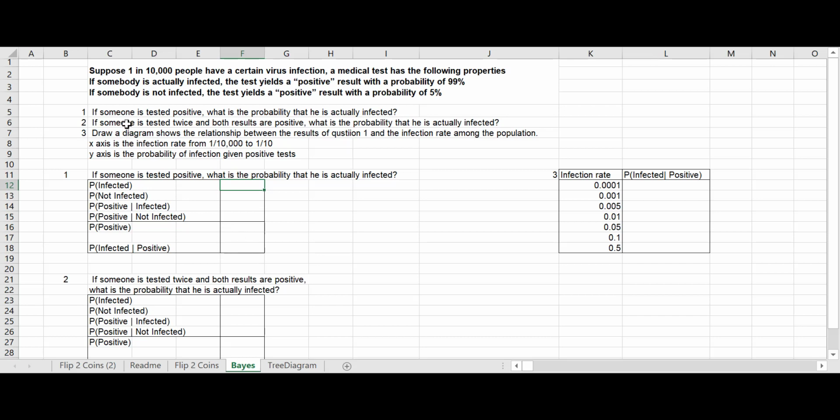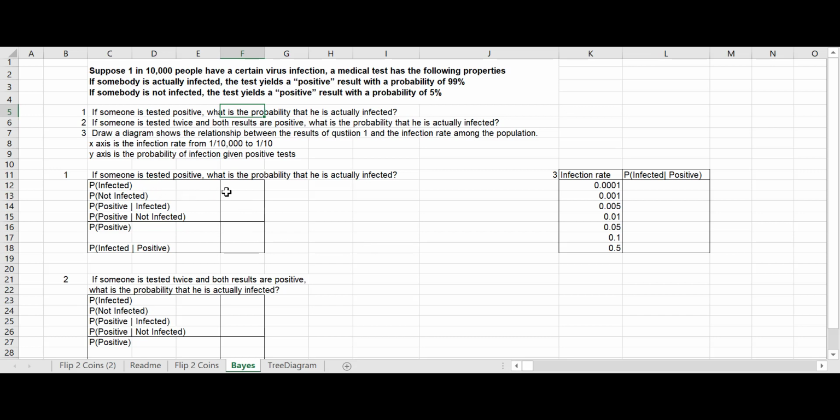The second part is, if tested twice, both positive, what's the probability he's actually infected? And the number 3 assignment for this part of the lab is to draw a diagram. We'd like to know the relationship between the probability he's actually infected, if he tests positive, versus the infection rate.